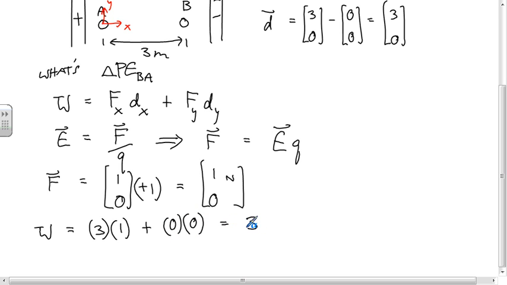And so you get 3. And what are the units of the work? Yes. And you could think of this as the work going to B from A, if you want to. And so now the change in potential energy in going to B from A is the negative of the work in going to B from A. And so it's equal to negative 3 joules.